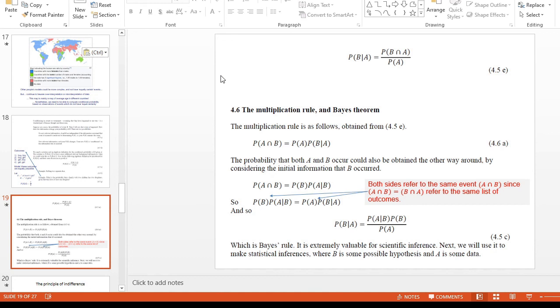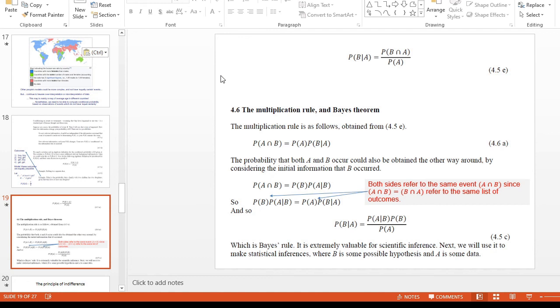If we just multiply through by the probability of A, we get something called the multiplication rule, equation 4.6a. And the multiplication rule says the probability of the intersection of A and B is equal to the probability of A times the probability of B given A. And then we make one more statement. We say, well, A and B are events or statements which may be true, and we could have considered them occurring the other way around.